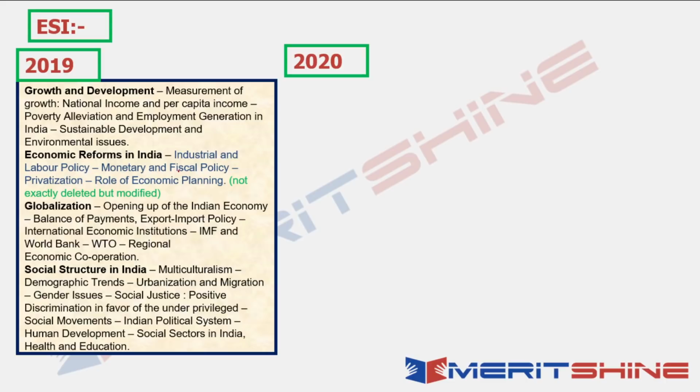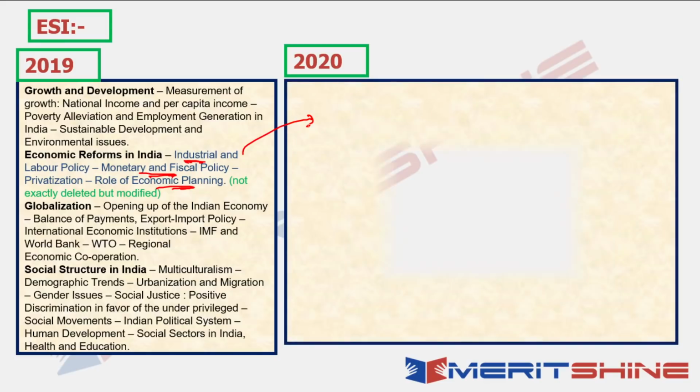Whatever has been marked in blue are those areas which are not present in the 2020 syllabus, right? Now please understand, today I am going to show you both the apparent changes and the real changes. Why am I differentiating them?